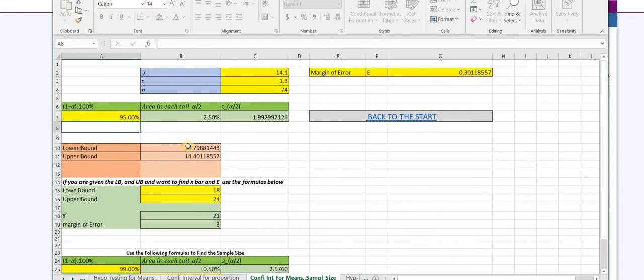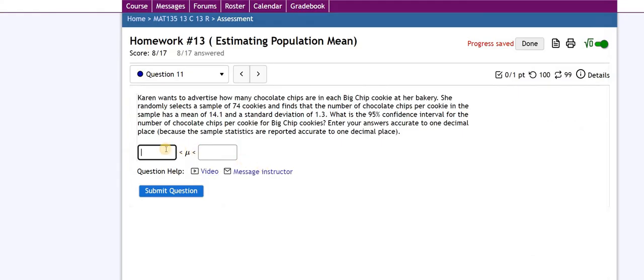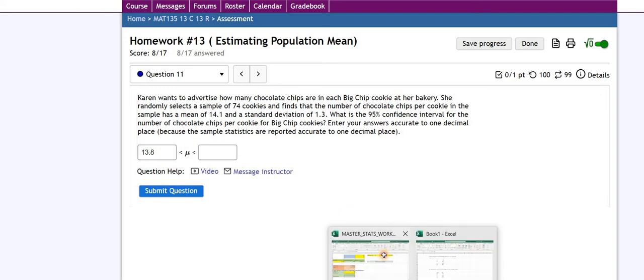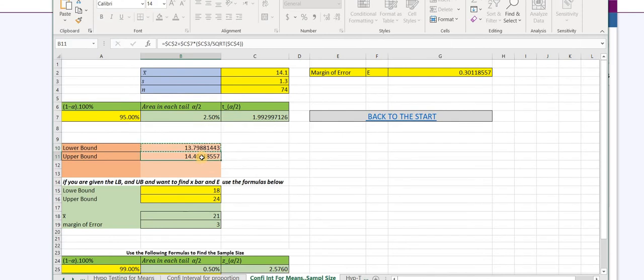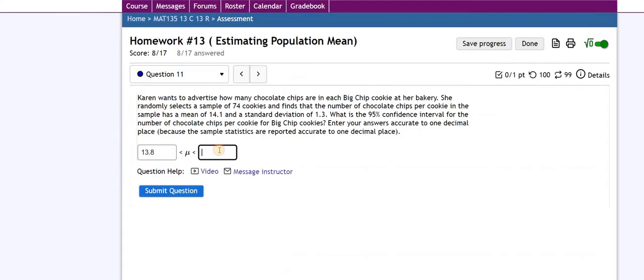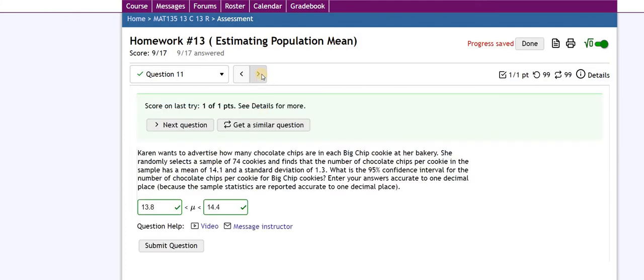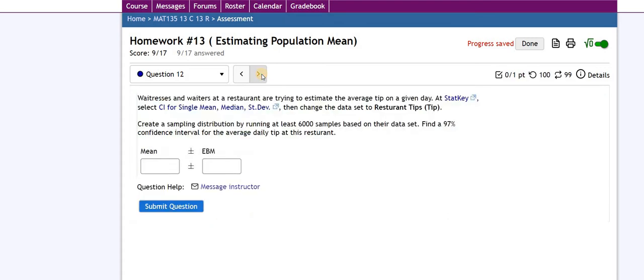So we need the upper bound and the lower bound. The lower bound is this number, and we need to round it to 1 decimal. So I'm just going to paste it over here and round it to 1 decimal. It becomes 13.8. Then I will copy the upper bound and round it here to 1 decimal. So that is how you're going to answer this question.